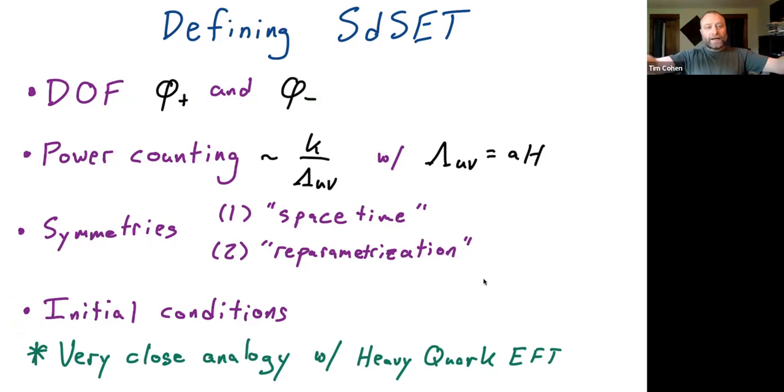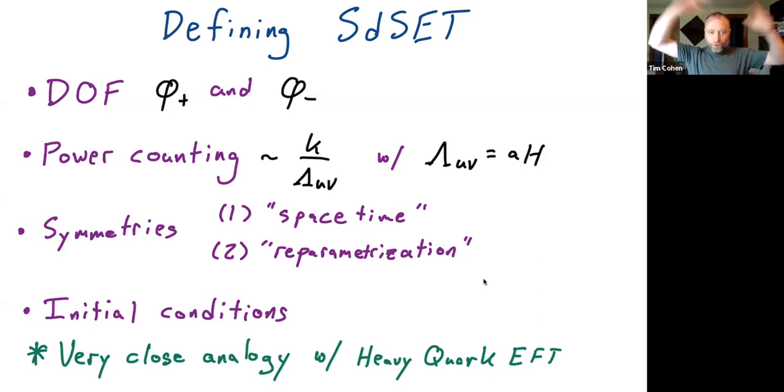So because we're integrating out all of the degrees of freedom inside the horizon, they leave an imprint on the horizon in terms of initial conditions. And this is one of the new features in this effective theory, which is basically how it captures the issues of apparent non-locality that come from inflation, right?